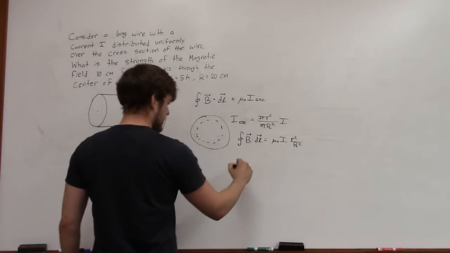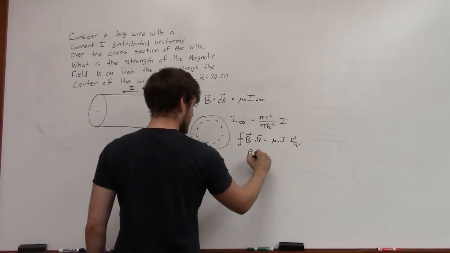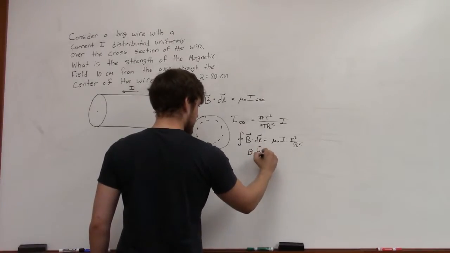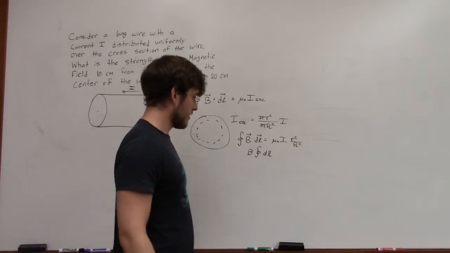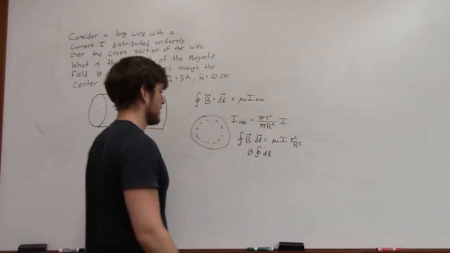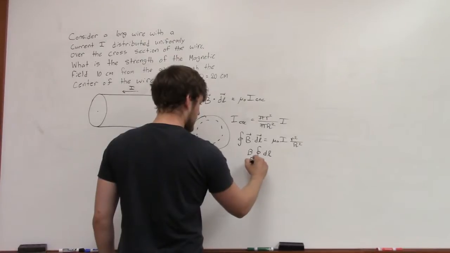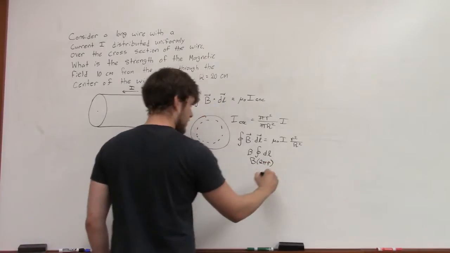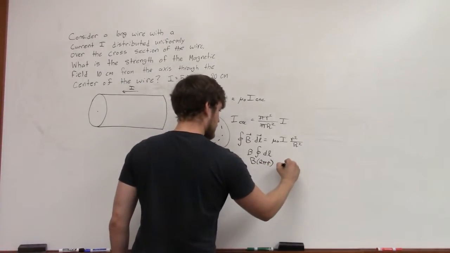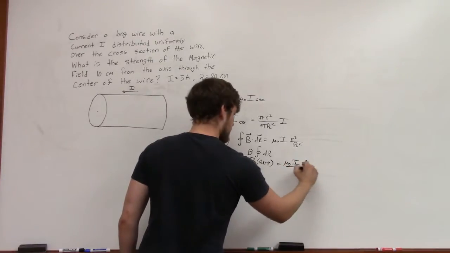Now let's evaluate this integral. The B is going to be constant here, so we can just pull it out. We're going to be left with B times the integral over dl, and this is going to be integrated over our Amperian loop, which has a radius of little r, so the total length is going to be 2 pi little r, equals mu naught I little r squared over big R squared.